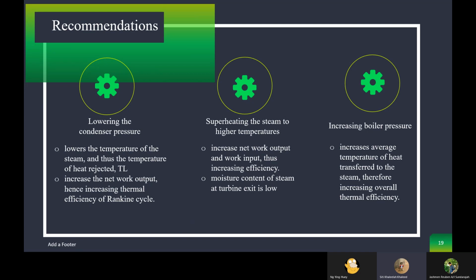This also makes sure that the moisture content of the steam at the turbine exit is low. Finally, by increasing boiler pressure, which will raise the temperature of the working fluid. By doing so, this increases the average temperature at which heat is transferred to the steam, therefore increasing the overall thermal efficiency of the cycle.